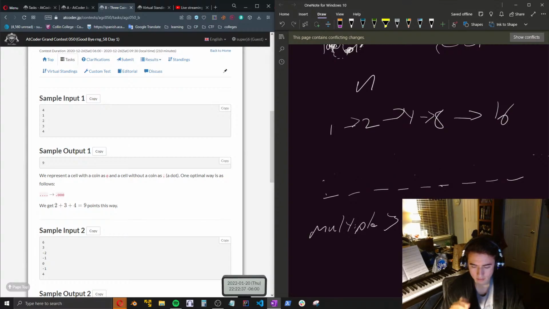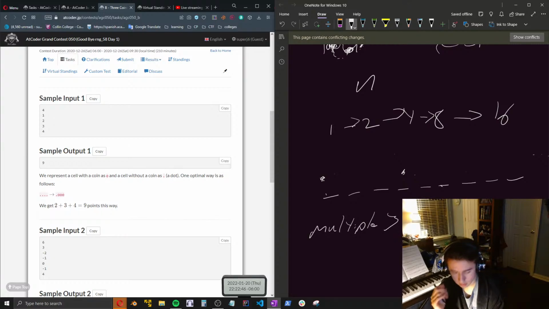Well, let's try to get 3 values with 1 having 2 in between. First, we'd have to somehow get rid of this. But then if we use multiples of 3, we'd still be stuck with the same in between them. I'm fairly sure it's not possible.